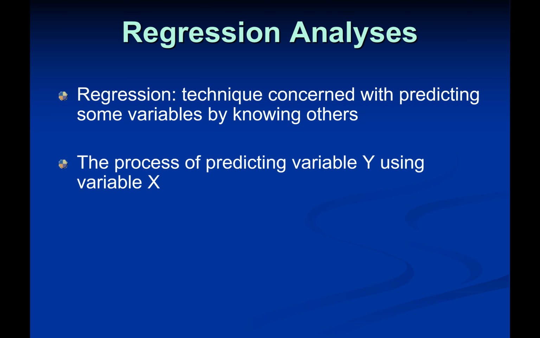And the second part of this is regression analysis. So regression is a technique concerned with predicting some variable by knowing others. So we come up with the regression model, B0 plus B1 times X. Come up with the best fitting line.